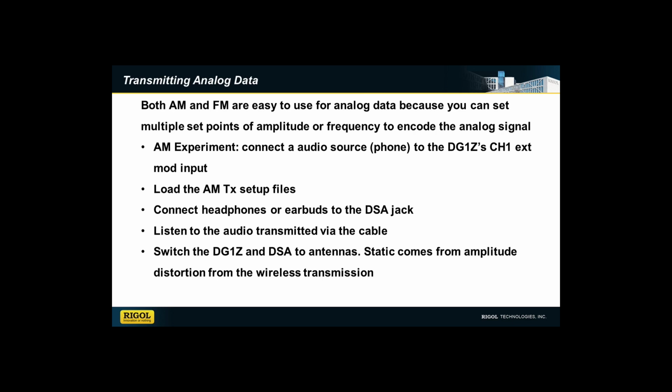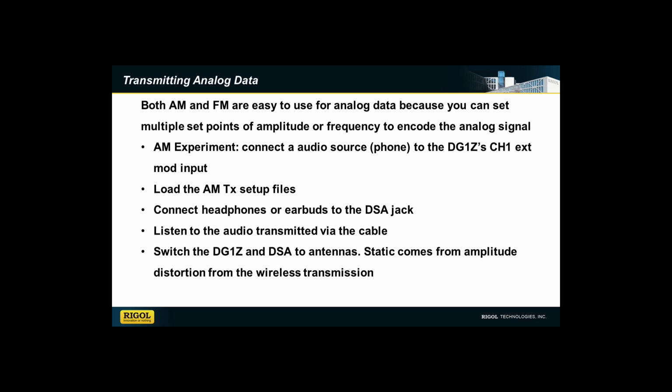Now next, let's go ahead and talk about how we can move this to actually transmitting data. So the next couple experiments we're going to talk about first in the slides and then go to the experiments themselves. Transmitting both AM and FM data is a little more complicated, but we can set it up to do the same thing.